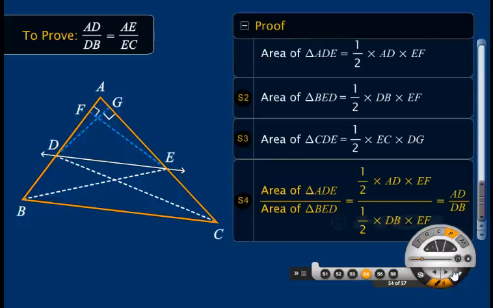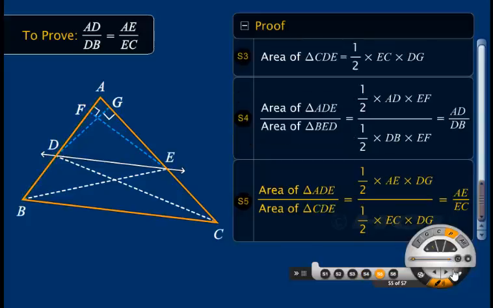The ratio of the areas of triangles ADE and BED is equal to the ratio of AD to DB. Similarly, the ratio of the areas of triangles ADE and CDE is equal to the ratio of AE to EC.